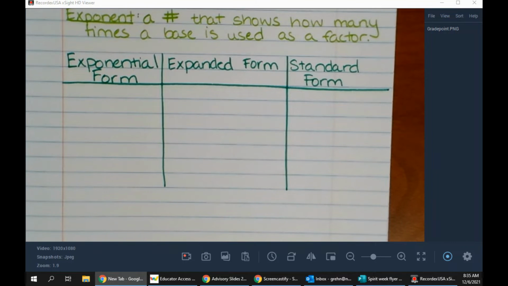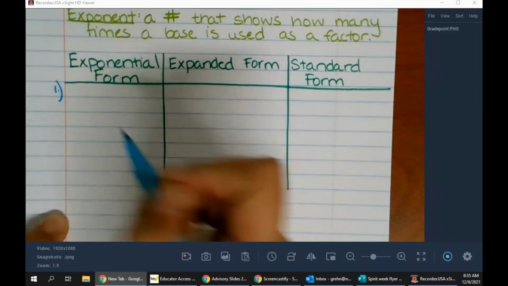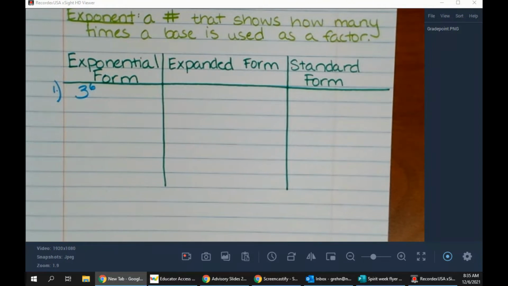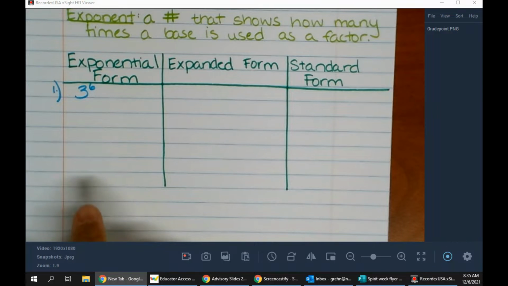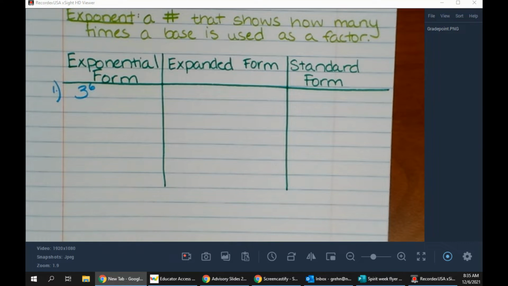So let's take a look at the first example. So the first example is going to be 3 to the 6th power, or we could read that as 3 to the power of 6. So exponential form is basically when we write the problem using a base and an exponent. Now we're going to move into expanded form. In expanded form, we're basically expanding the problem, and we're going to write out the multiplication problem that we're going to work out.